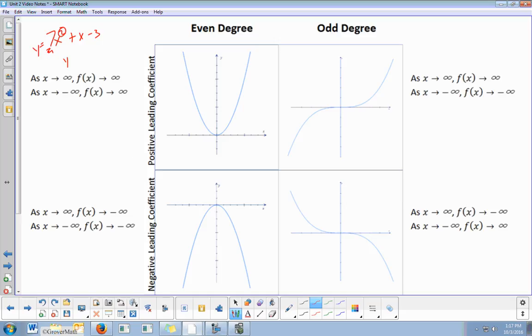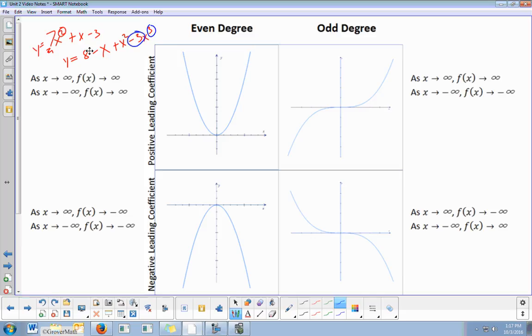If you had a different one of y equals 8 minus x plus x squared minus 3x cubed. The highest degree is 3, so this is an odd degree, and the lead coefficient is negative 3 because it's the coefficient of the term that has the highest degree.